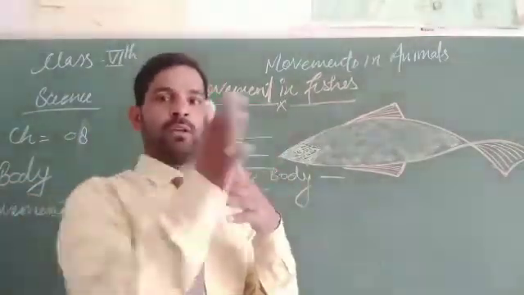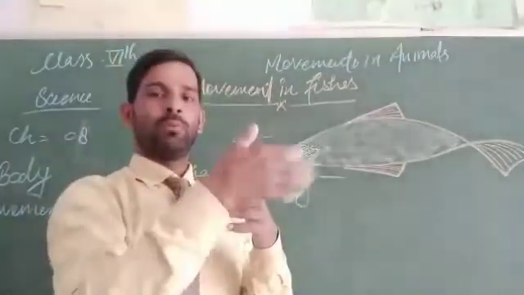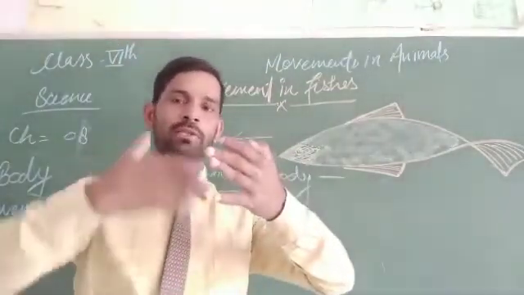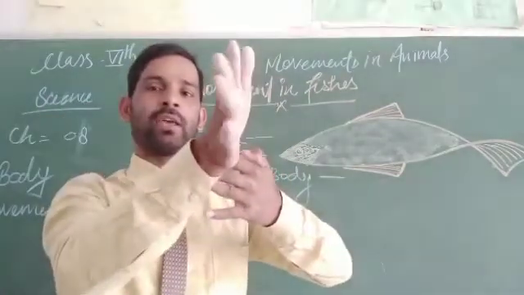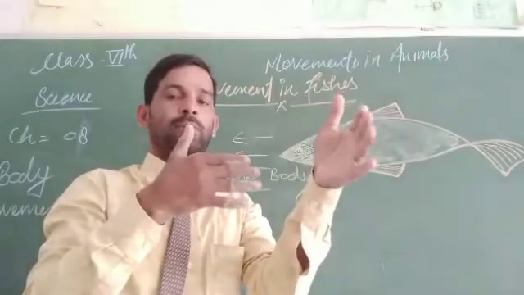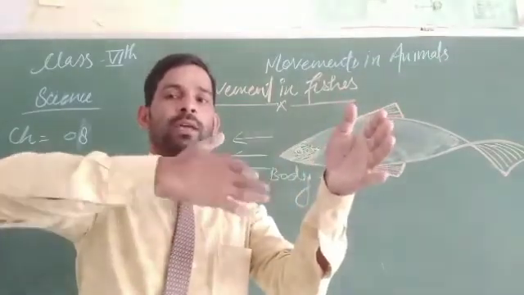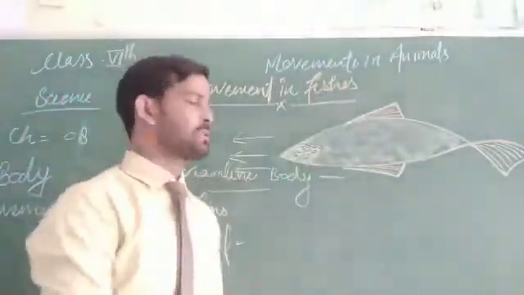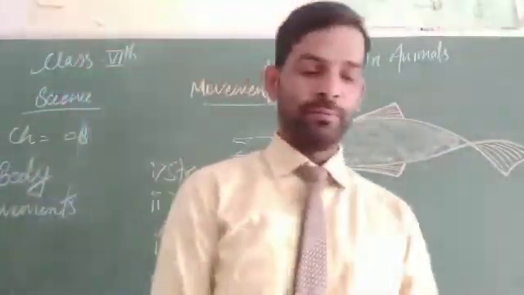For movement, or for change of direction, their body can bend to one side and the tail to the other side, like this. So they can move and can change directions as well.